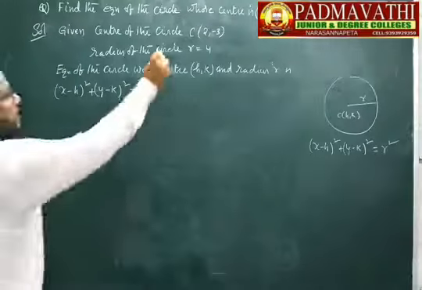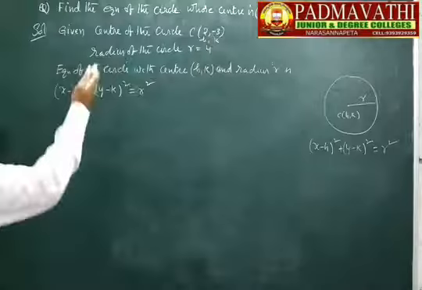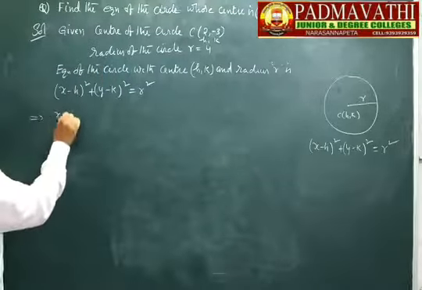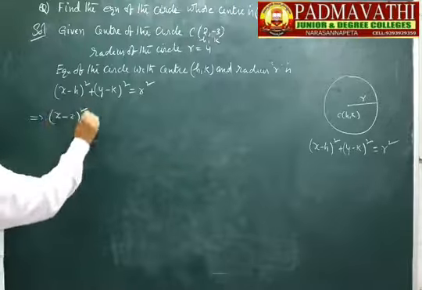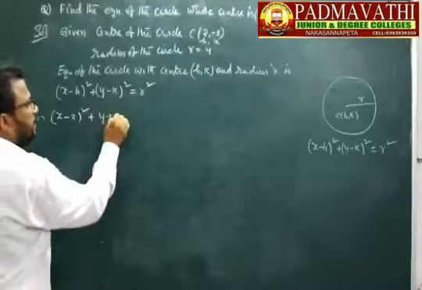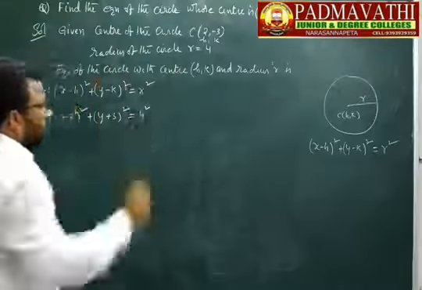Therefore, since (h, k) is given and r is also given, substitute these values in this equation. That implies (x - 2)² + (y + 3)² = 4².